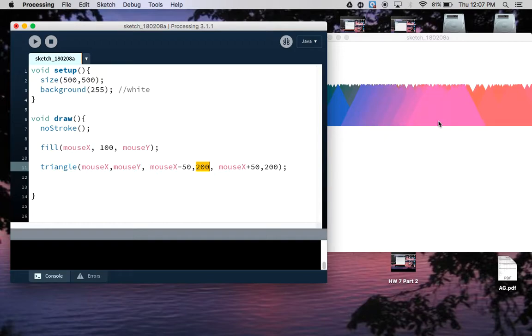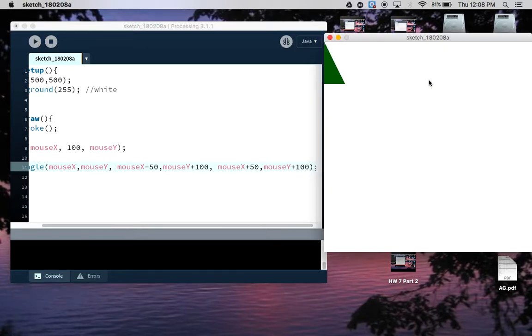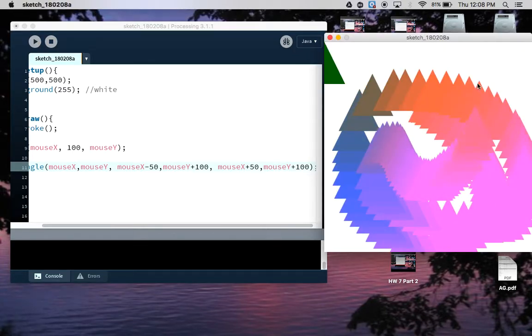I just know that whatever the y value of that top vertex is, I want those two bottom vertices to have a y value that is 100 pixels bigger to keep those two vertices 100 pixels below the top. So that's mouseY plus 100 and mouseY plus 100. And now it should follow your cursor as you move around.